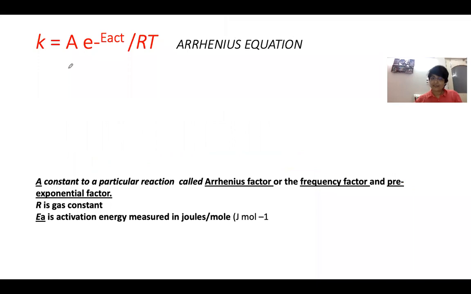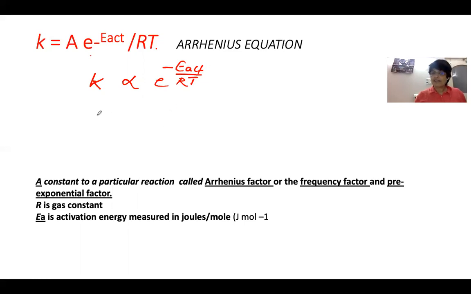We have the expression given by Arrhenius: rate constant k is equal to A e to the power minus Ea by RT. As you know, this rate constant explains the rate of reaction. Basically, k is directly proportional to e to the power minus Ea upon RT, which is an exponential power with a negative value of activation energy.